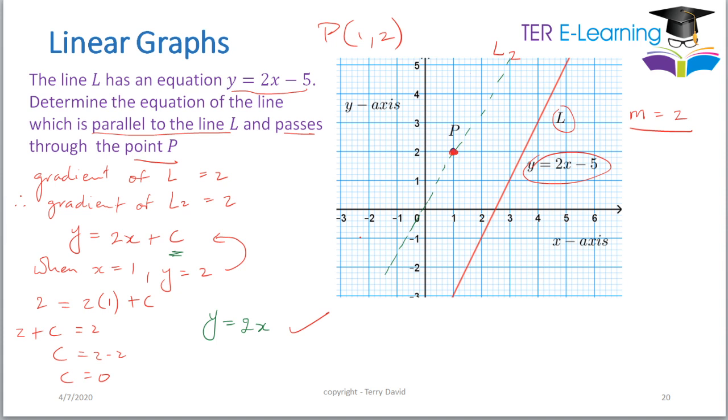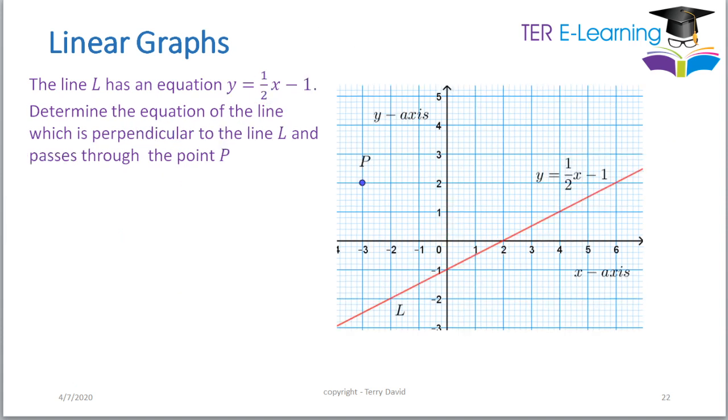All right. Let's look at this one here now. So I have a line L, right? And the equation of the line is a half x minus 1. And they want us to determine the line which is perpendicular to L and passes through the point P. So visually, you all need to understand what's happening. So we have a line L, that's this line here.